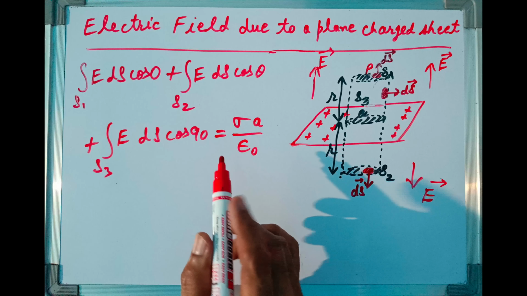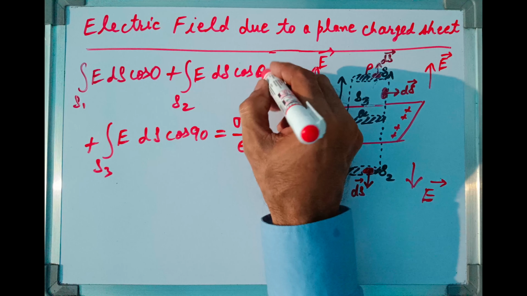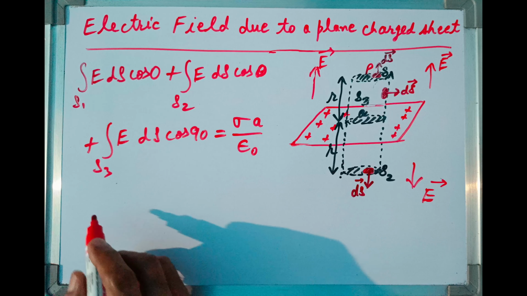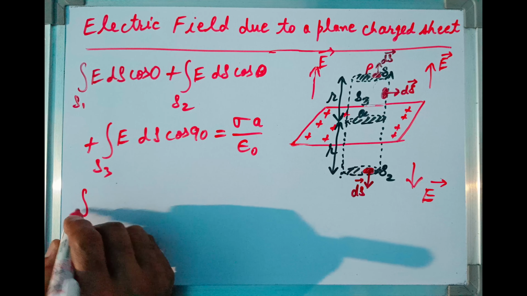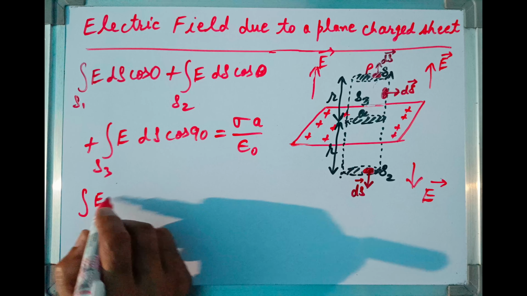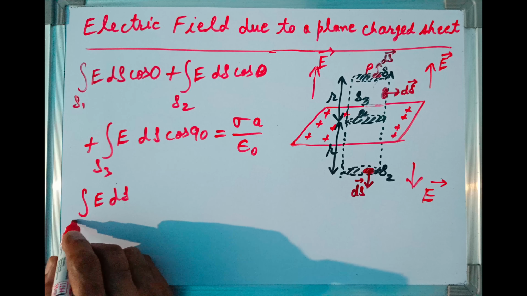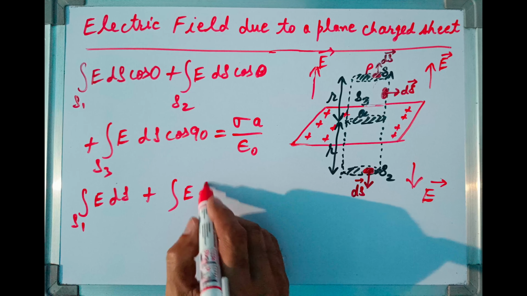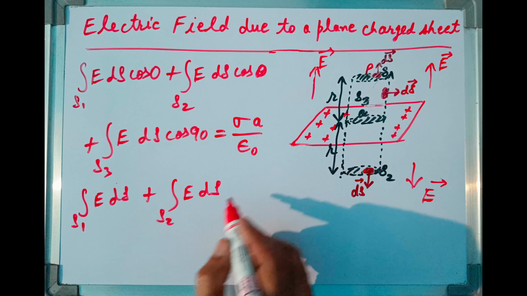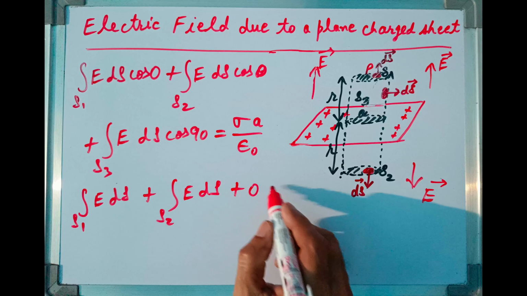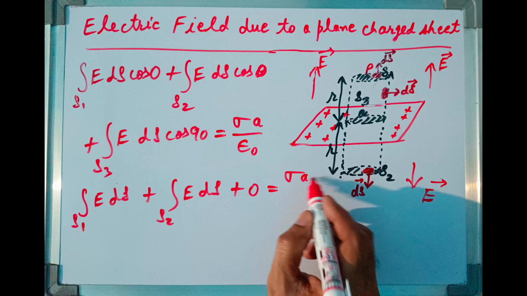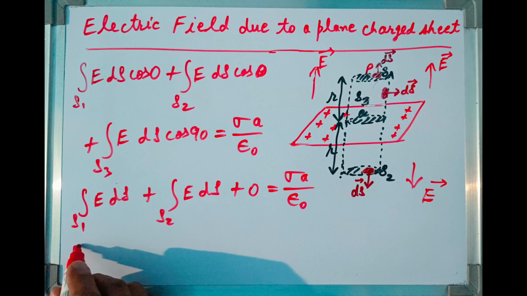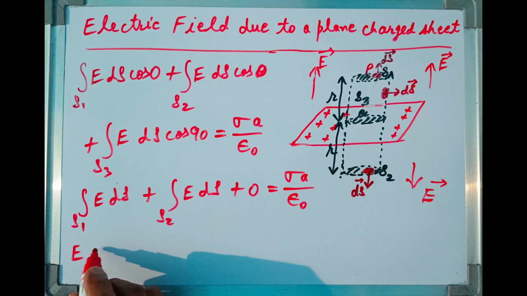Now cos 0 is 1 and cos 90 is 0, so this integral will become 0. So we are left with E ds over S1 plus E ds over S2 plus 0 is equal to sigma A divided by epsilon naught. Now electric field can be taken out of integral being constant.